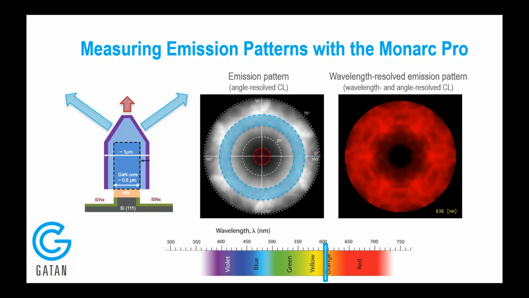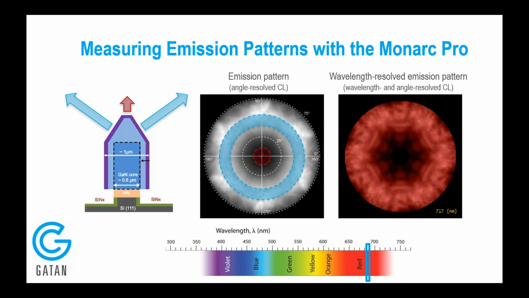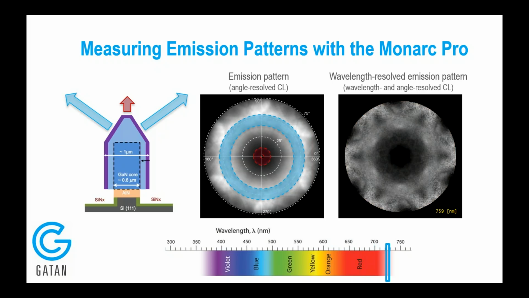So what this tells us is that we have very highly anisotropic emission color from these devices. If you're trying to fabricate a display or a light emitting diode from this sort of material, then it's important that you have a way of characterizing it and relating it directly back to the structure, because the structure is critical to the emission pattern, both in terms of its intensity and its color.